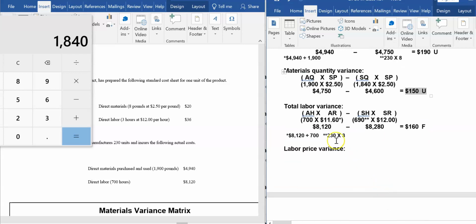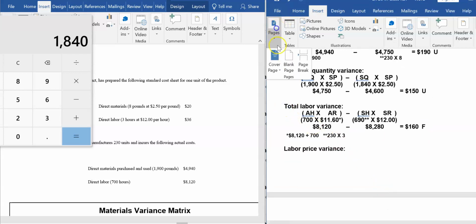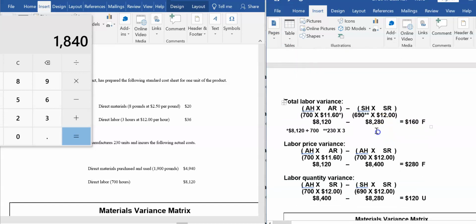Doing the same thing for labor, the total labor variance is going to be the difference between total actual labor costs and the total budget overall, or static budget.